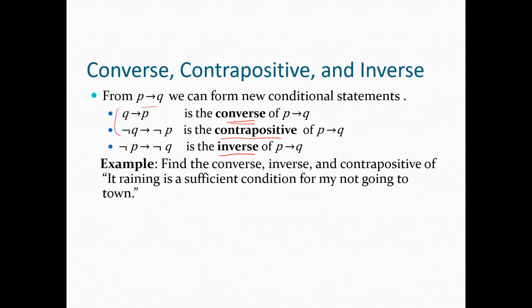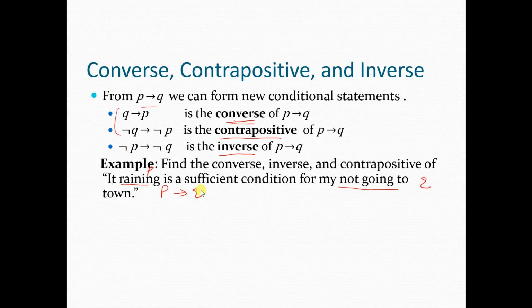So you can assign variables: it is raining, P, and I'm not going to town is Q, for example. P is sufficient condition for Q. What does this mean? P implies Q.